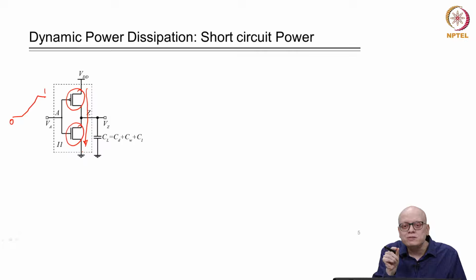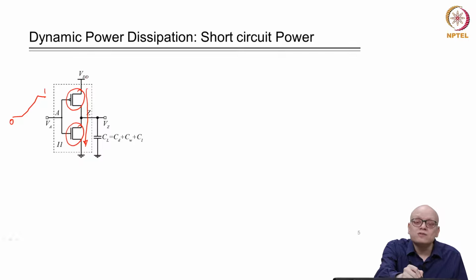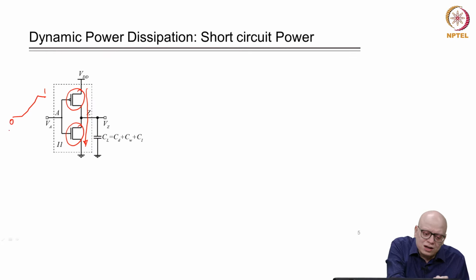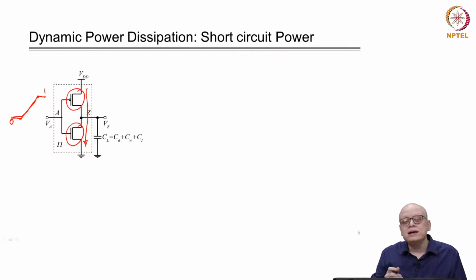Though this time interval will be very small, still there is some small time interval when there is a direct path from VDD to the ground. And this kind of path becomes more frequent if the transition at the input is slower.